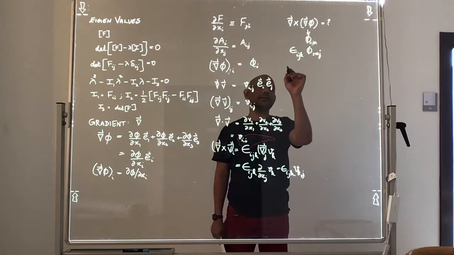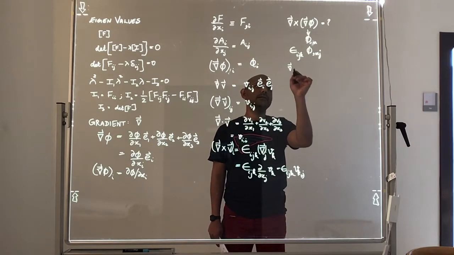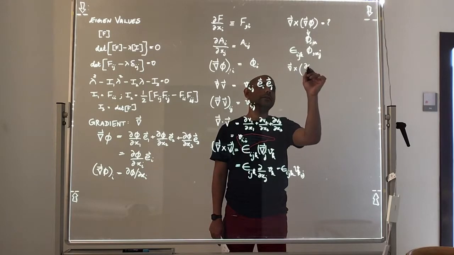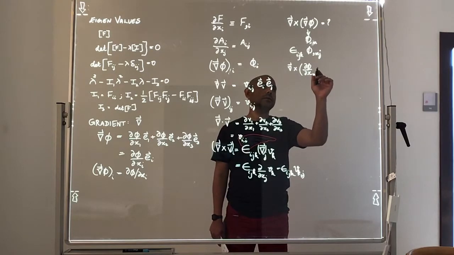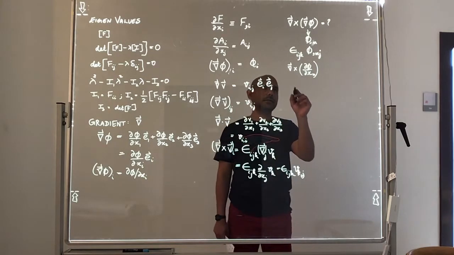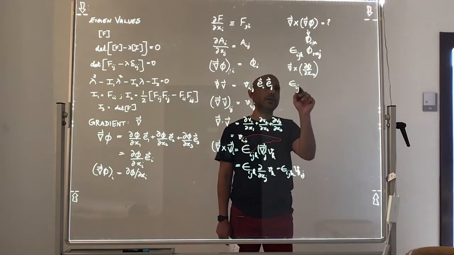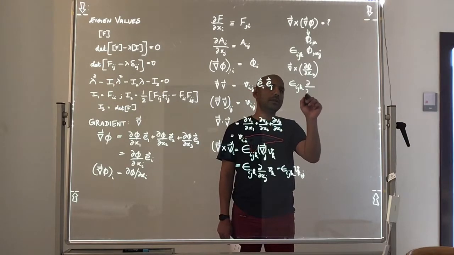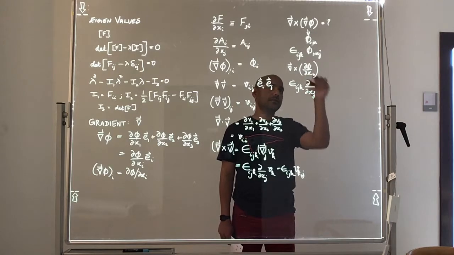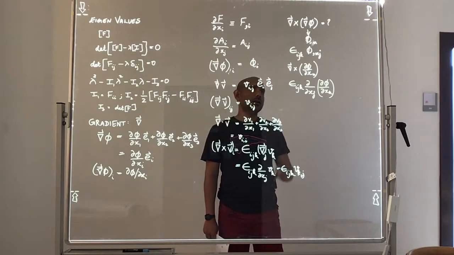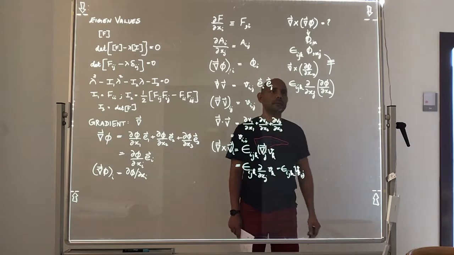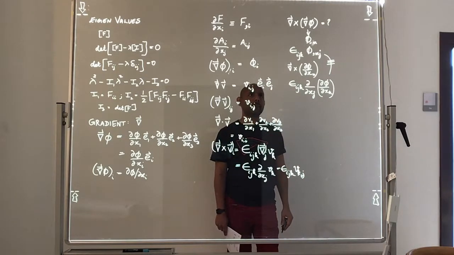If it's too confusing, let's write it out. We are taking del cross d phi by dxn, if you like, and this is nothing but epsilon ijk d by dxj of the kth component of this, which is d phi by dxk.